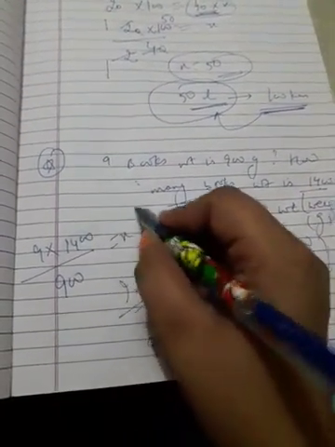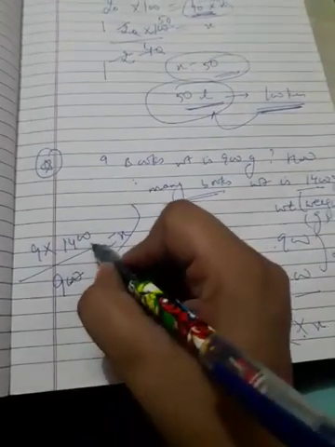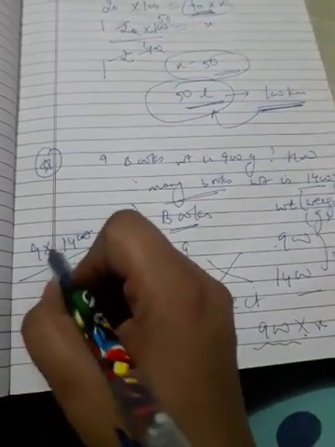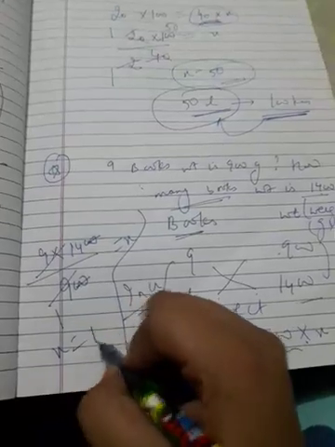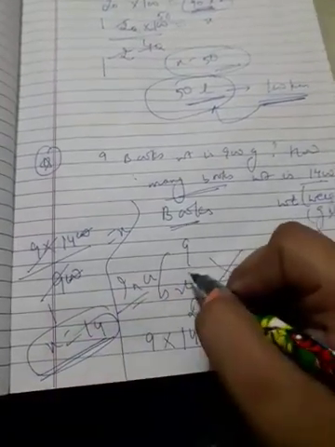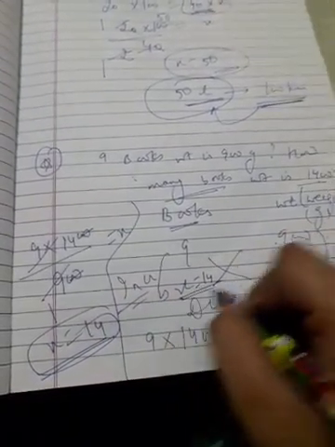Double zeros cancel with the double zero, 9 ones are 9, 9 ones are 9, so the value of x is 14, means the number of books is 14. Clear?